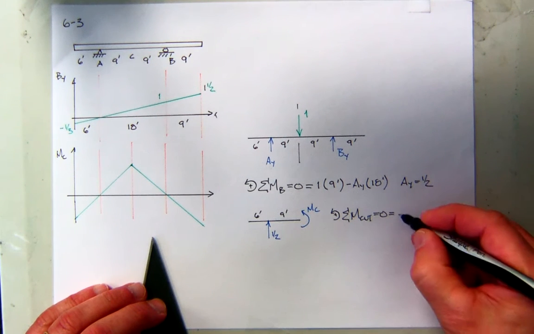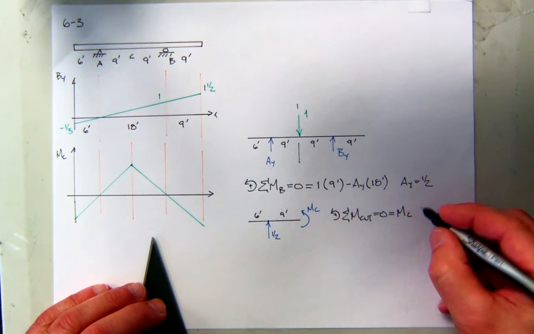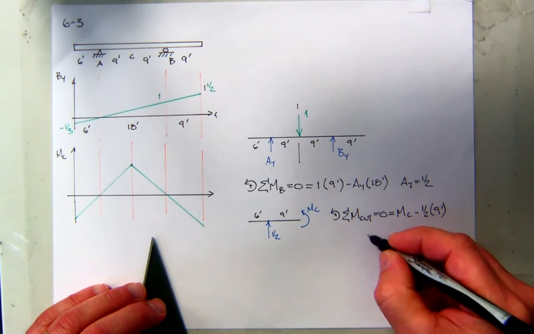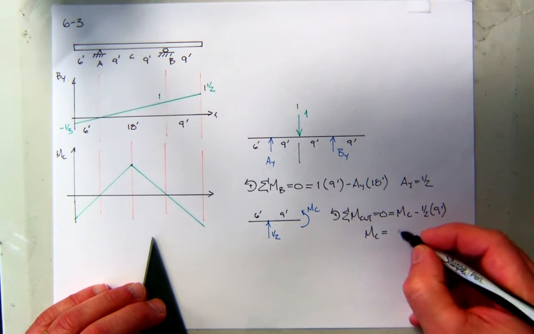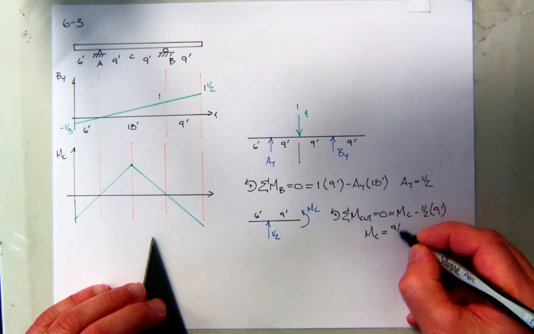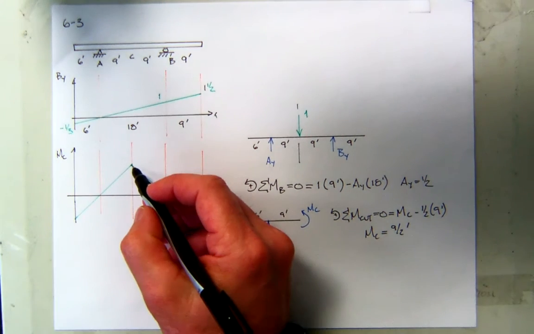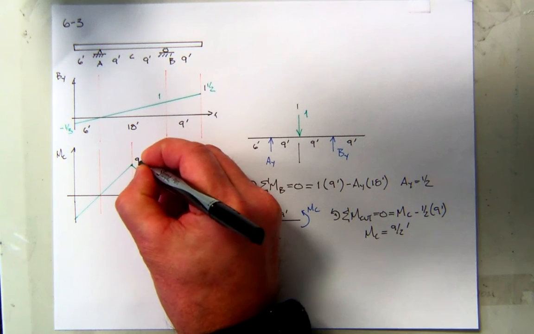So the internal moment is positive. The reaction creates negative moments, so it'll be minus 1/2 times 9. So it looks like the moment at C is 9/2 feet. So that means this value right here is 9/2.